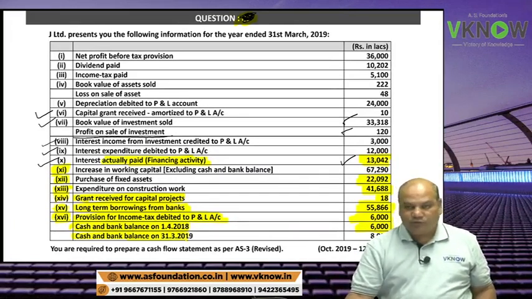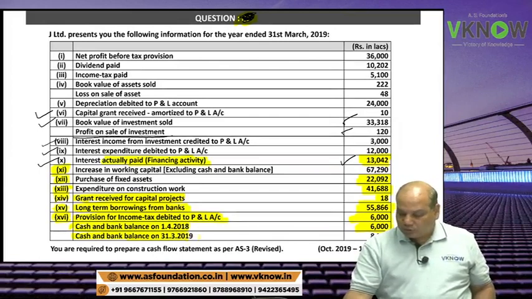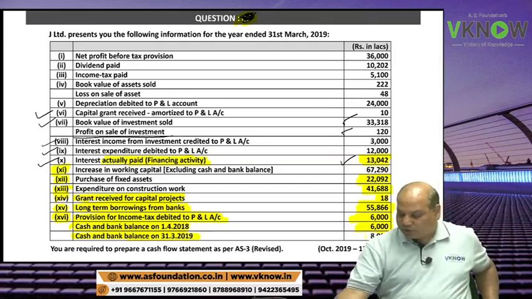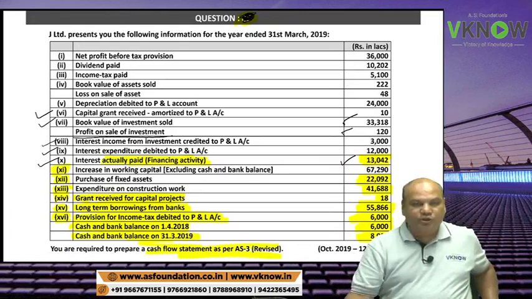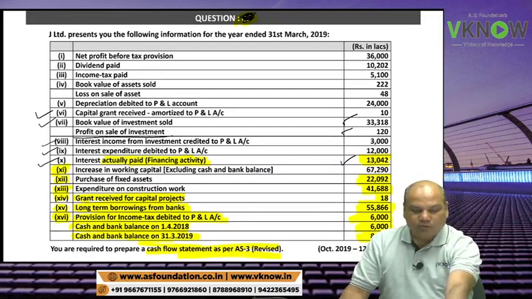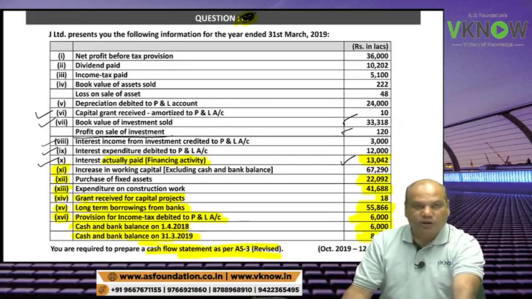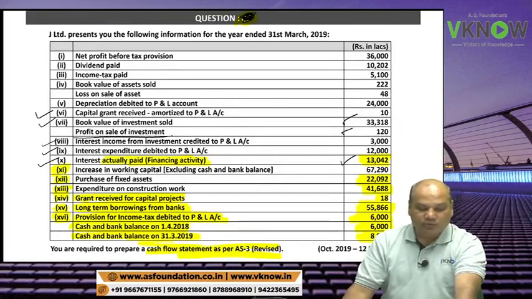Cash and bank balance on 31st March 19, closing balance 8,000. Then it says you are required to prepare cash flow statement as per AS3.